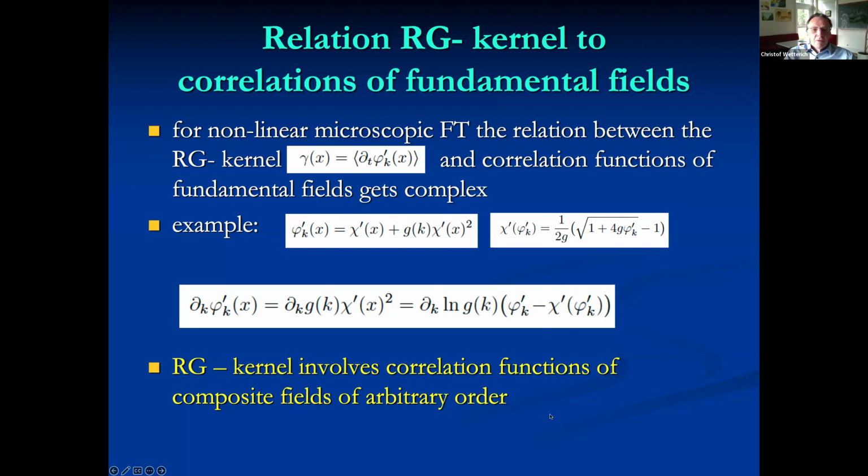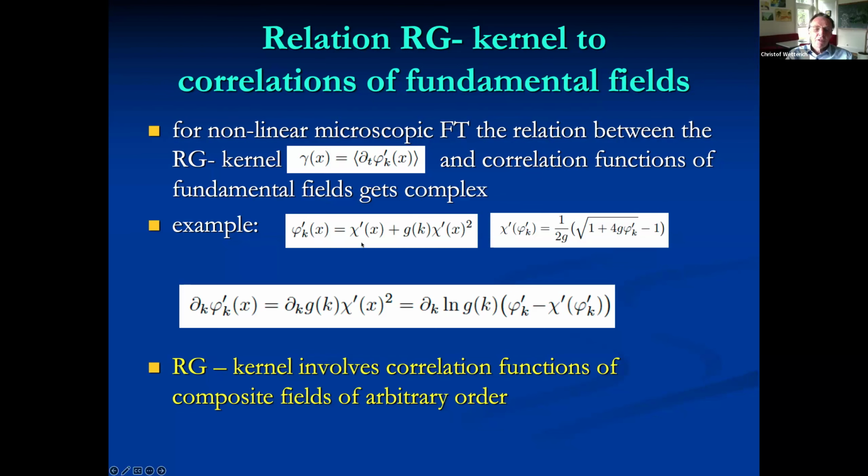So we have seen the RG kernel is given by the logarithmic k derivative of the expectation value of the composite field. But this can become pretty complex. And if you want to express that in terms of composite fields, you get in principle arbitrarily high correlation functions.